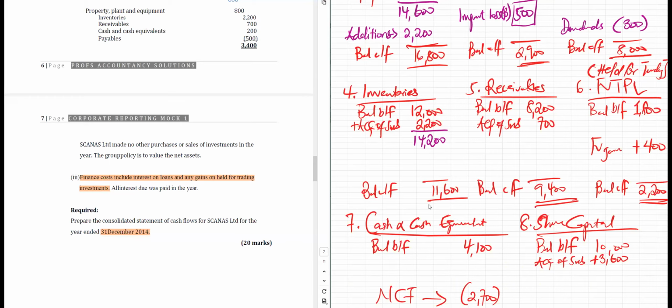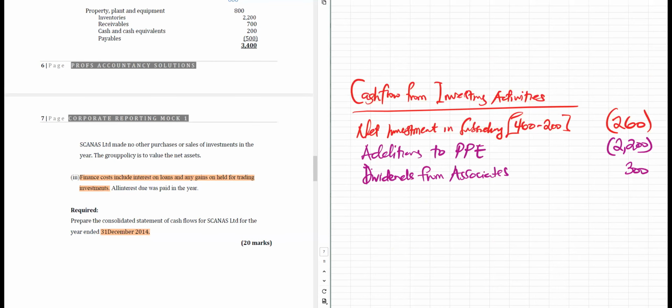Inflow. This one inventory reduced, right? So it's a decrease in inventory, but then it's an inflow. It means I sold these goods. And that is how much? 14,200 minus 11,600. That's 2,600.